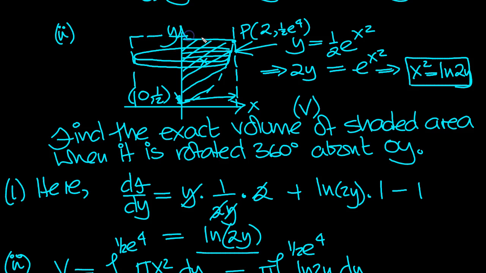So I'm going to just do the volume up here. The volume of the cylinder is pi r squared, which is 2 squared, times the height, which is a half e to the 4, which is equal to 4 over 2 is 2 pi e to the 4.